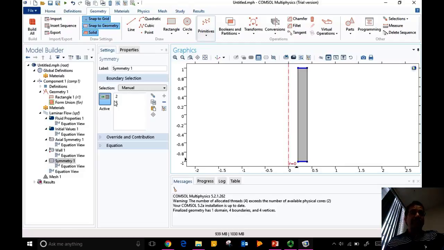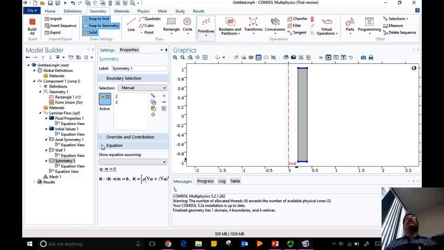Now, when you have symmetry boundary condition, what does it actually imply? What equation does it impose, right? The beauty about COMSOL is that it shows you the precise condition that is imposed on that. Can you decipher this condition? What does this mean? Q dot n equal to 0.